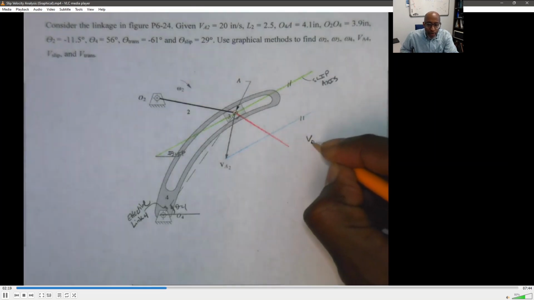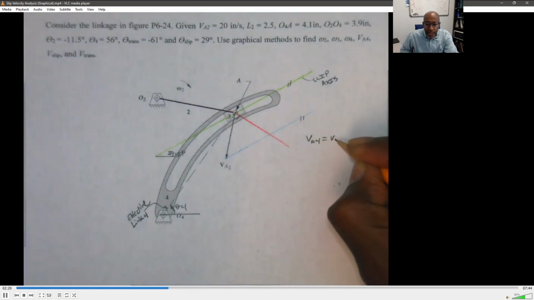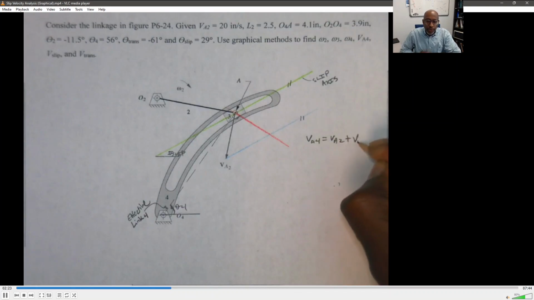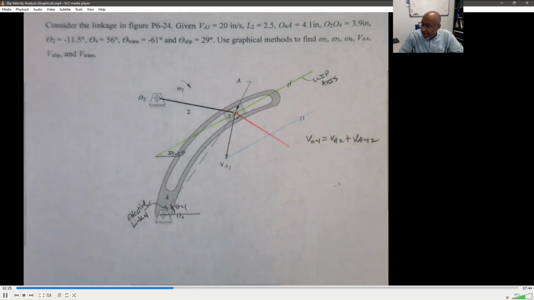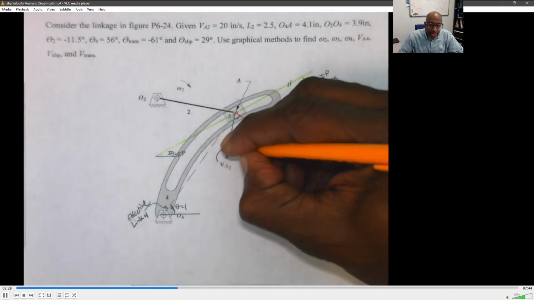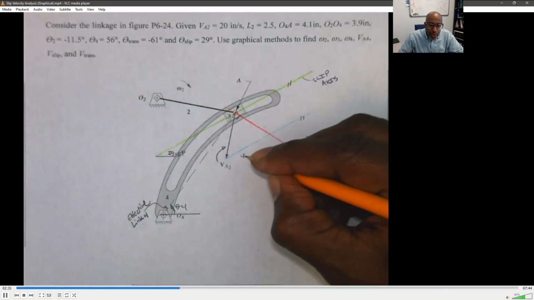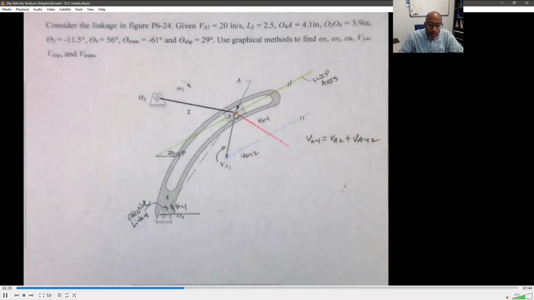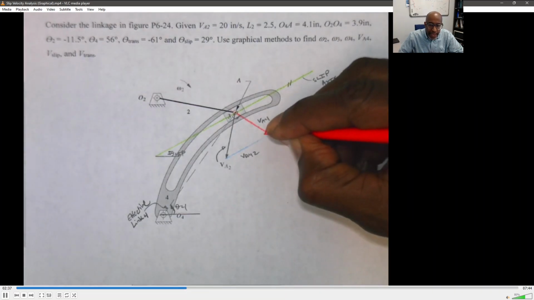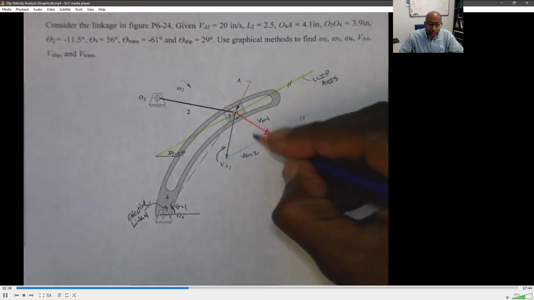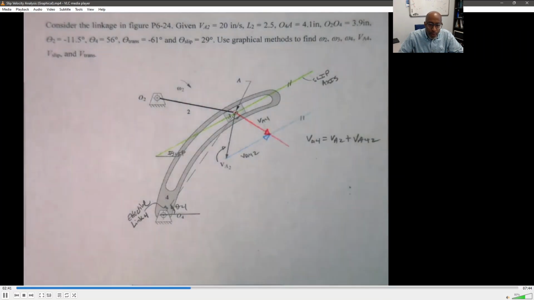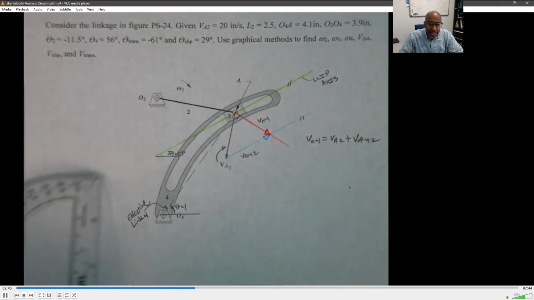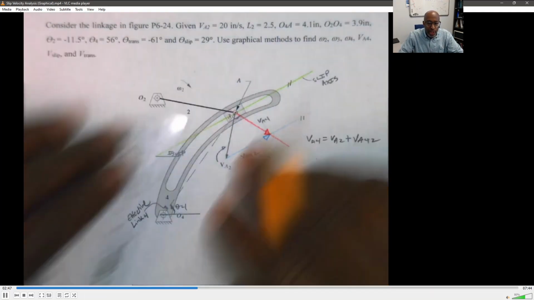And in terms of our velocity vector triangle, VA4 is equal to VA2 plus VA42, which means that where VA2 ends, VA42 starts, and then you get VA4. So the head of VA4 and the head of VA42 should be at the same point, according to vector addition.